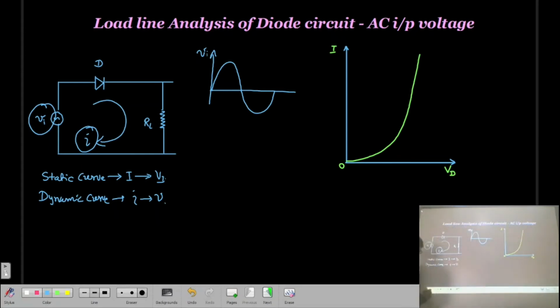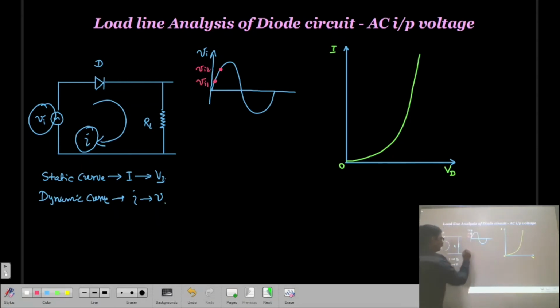Let us say this input voltage is Vi1 and another input voltage is Vi2. So we have two different voltages, and for these two voltages you draw a load line.